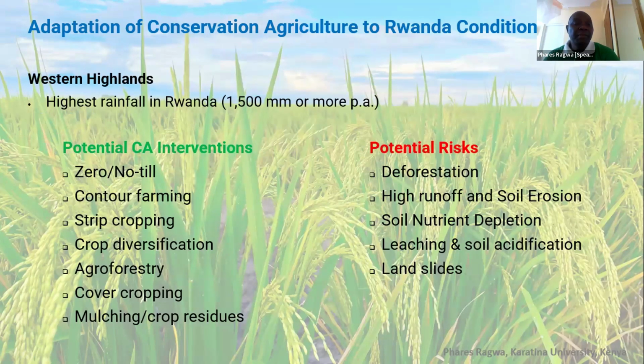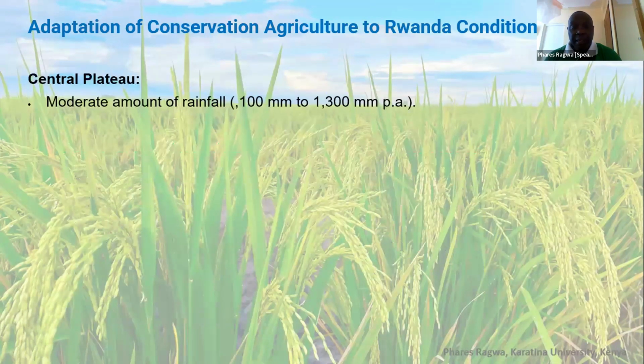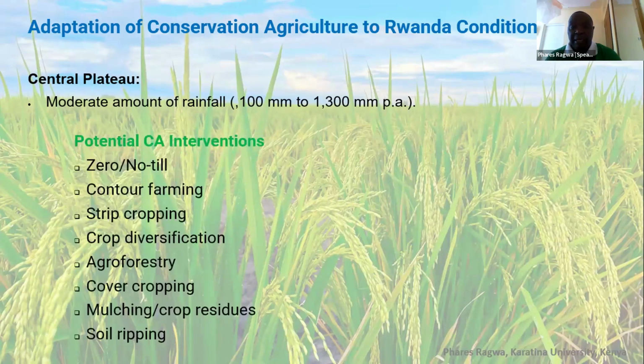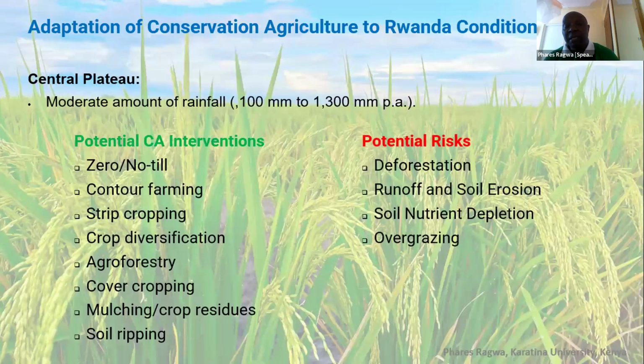And some of the conservation agriculture technologies that you might consider for that is the no-tillage, the contour farming because the area is hilly, the strip cropping, crop diversification, agroforestry, cover cropping, mulching. So you can see that most of the conservation technologies are applicable when we talk about the western part of Rwanda.